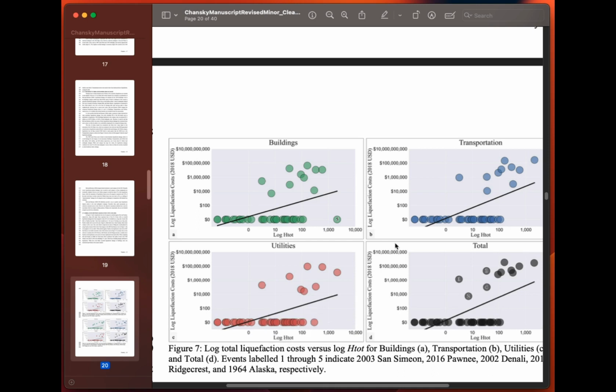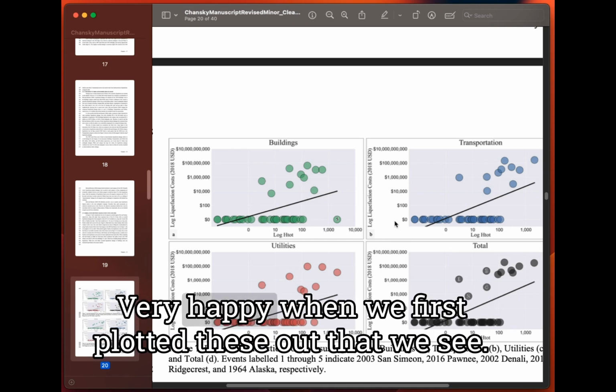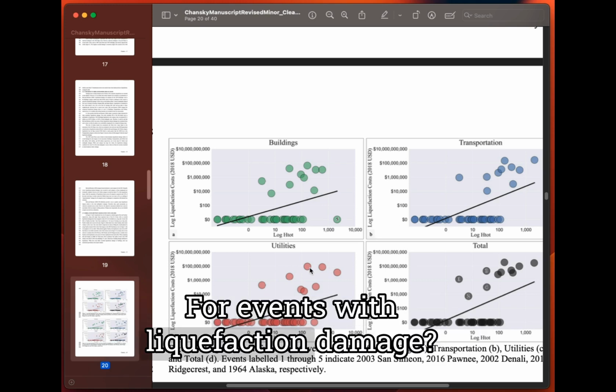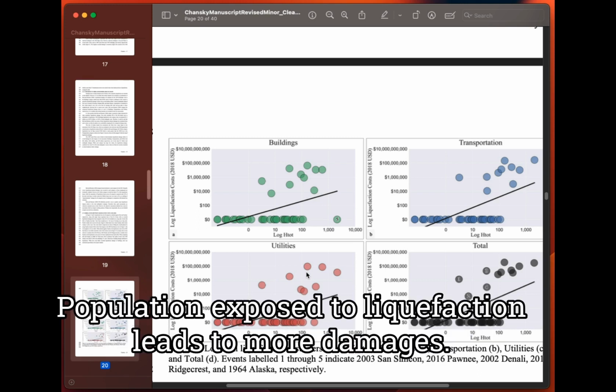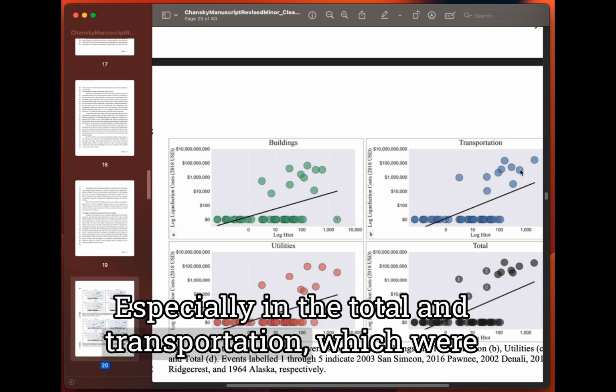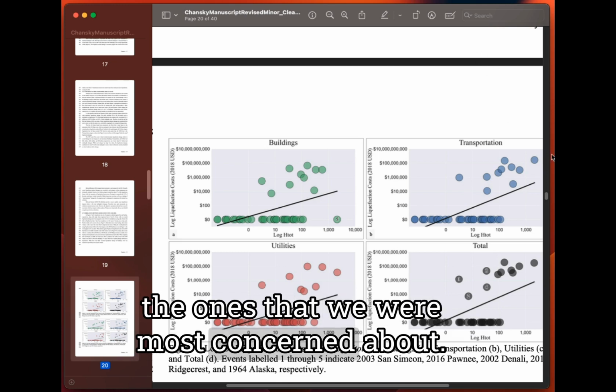So broadly speaking, very happy when we first plotted these out that we see for events with liquefaction damage, yes, increasing area exposed to liquefaction and increasing population exposed to liquefaction leads to more damages, especially in the total and transportation, which were the ones that we were most concerned about.